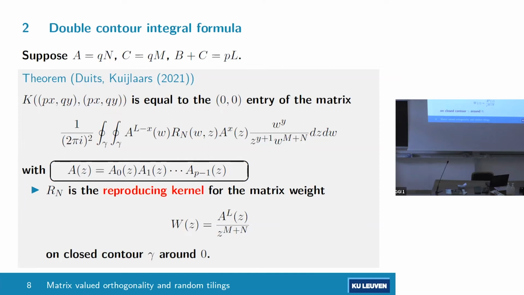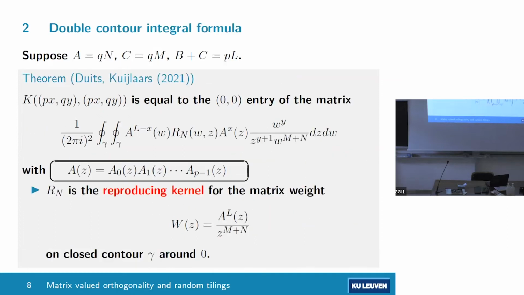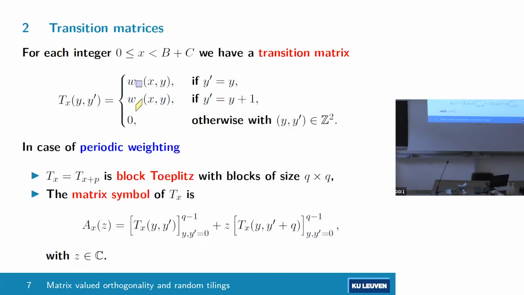Okay, so what does it mean, this reproducing kernel with this matrix weight? Periodic weights, and that's all.